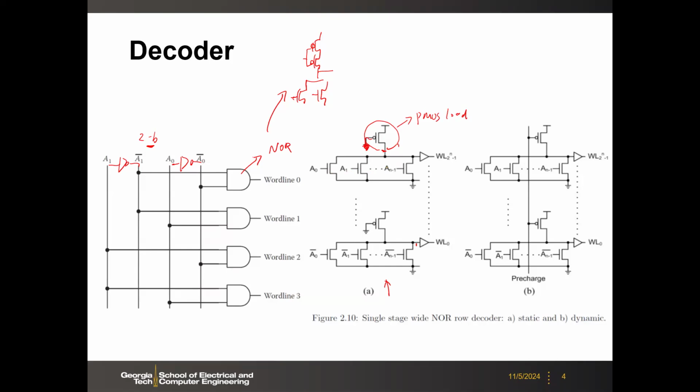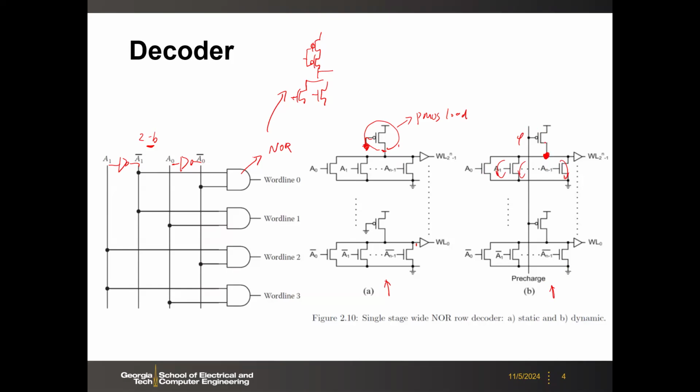But the benefit is that you save some area, right? Instead of N transistors in series, here you just use one PMOS. And also you can do dynamic logic, okay? Here with the clock control, you can pre-charge this node with the clock, and then based on the decoding result, you can discharge this node.